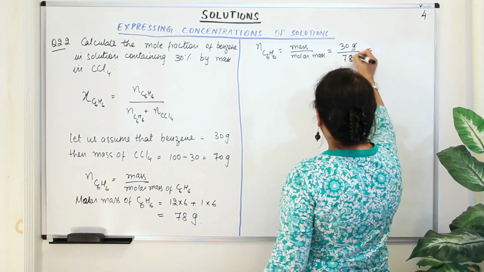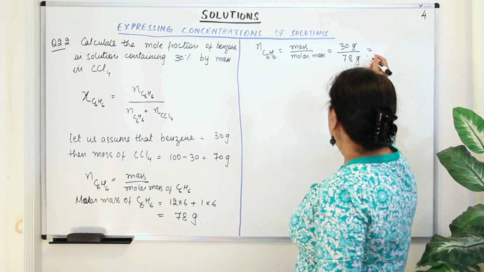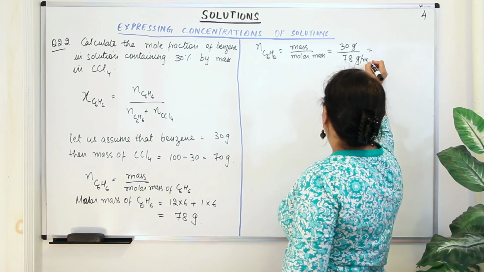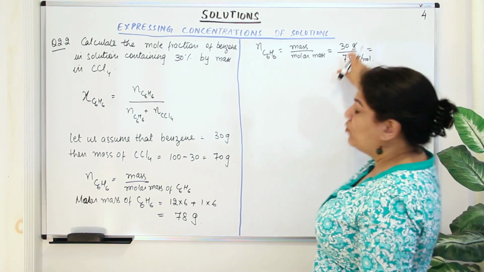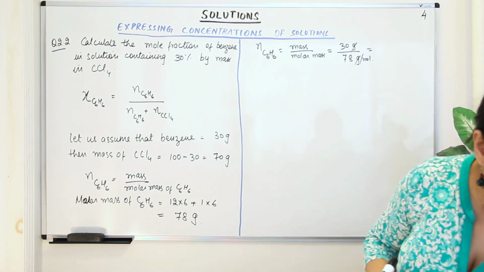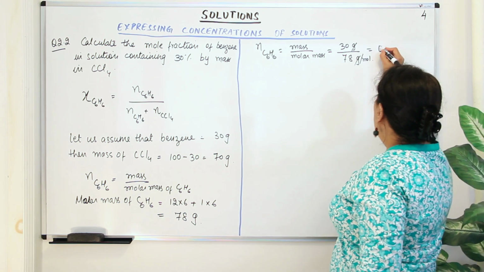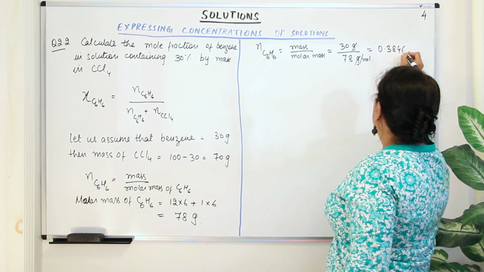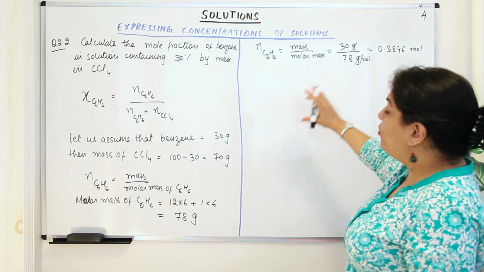So 30 grams upon 78 grams per mole, the grams would get cancelled out and you'll get the number of moles. And this will be equal to 0.3846 moles. Right? You've calculated the number of moles of benzene.